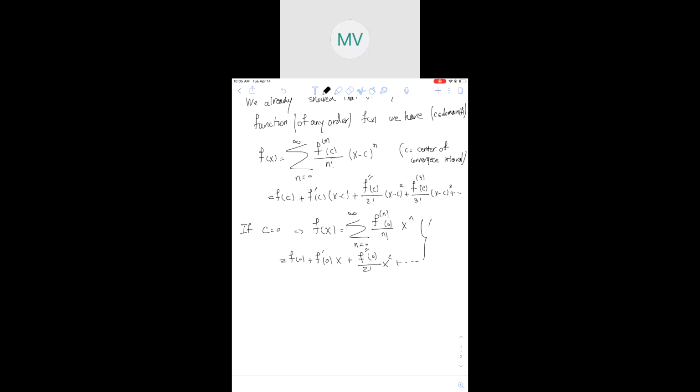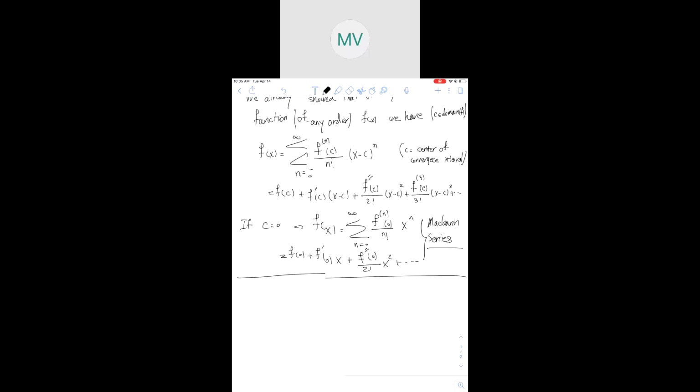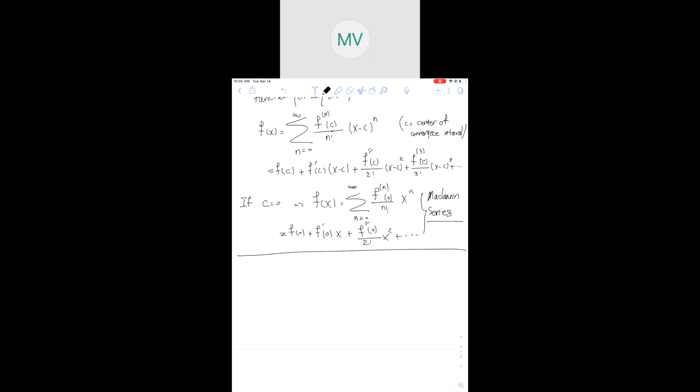So the Maclaurin series is a special case of the Taylor series when c equals 0. All right. Now we're going to find the Maclaurin series or Taylor series for a bunch of functions.